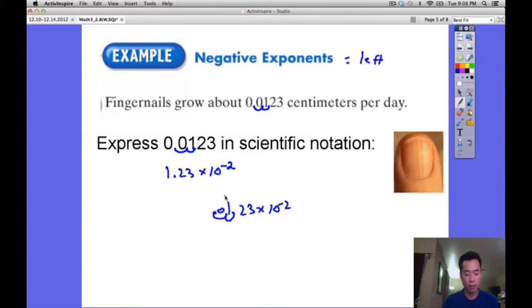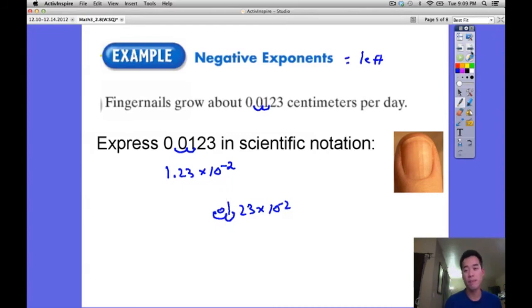I have 1.23 or 1 and 23 hundredths times 10 to the negative 2nd power. And if you look quickly, remember to use the negative symbol and not the subtraction symbol.